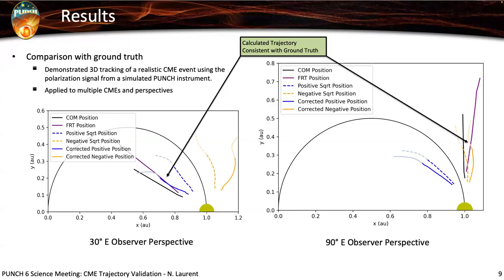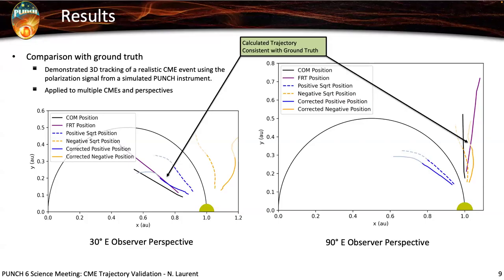Okay, and so finally we compare with the ground truth. So the purple lines here, both on the left and right, are from two different perspectives of the same CME. And so this is the ground truth simulation parameter data that we see. So the solid blue line on the left matches the path of the CME very well.